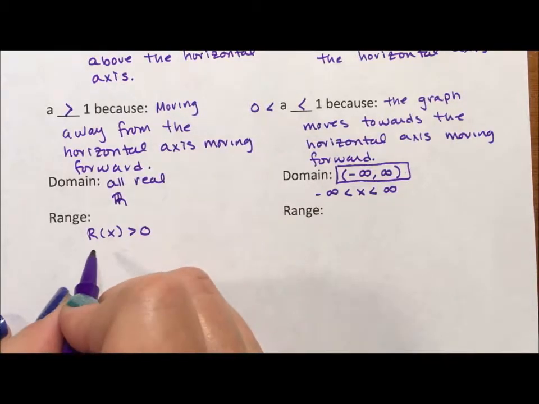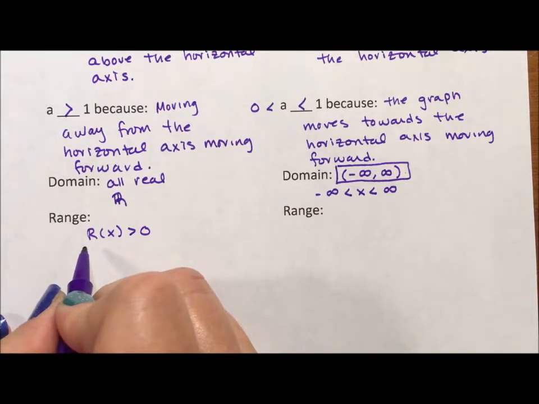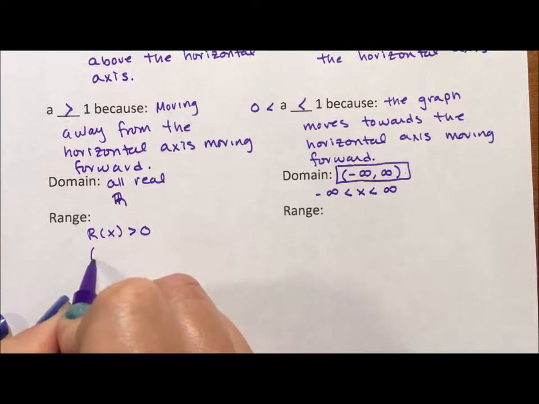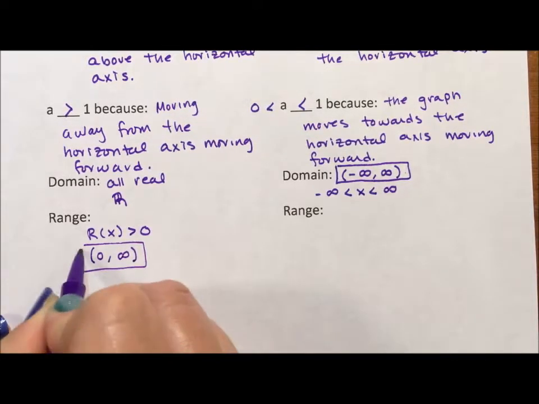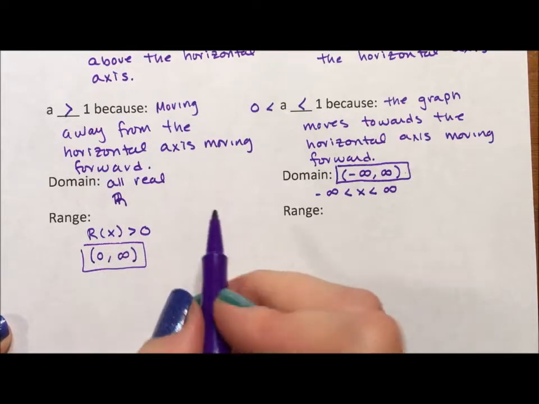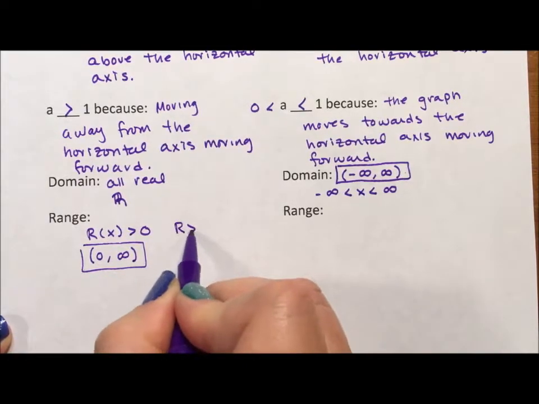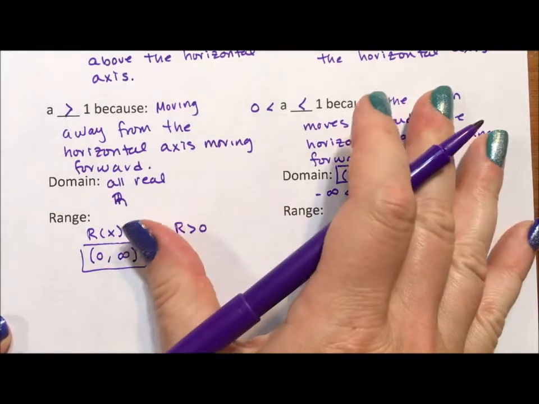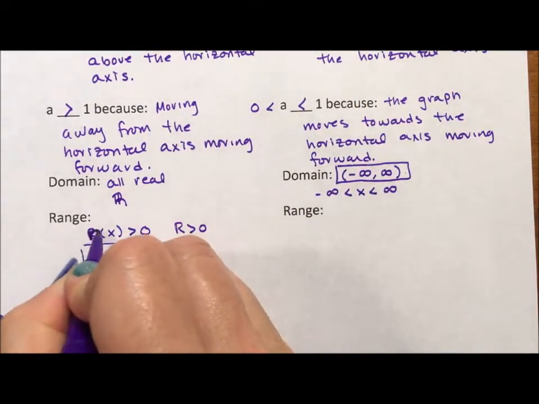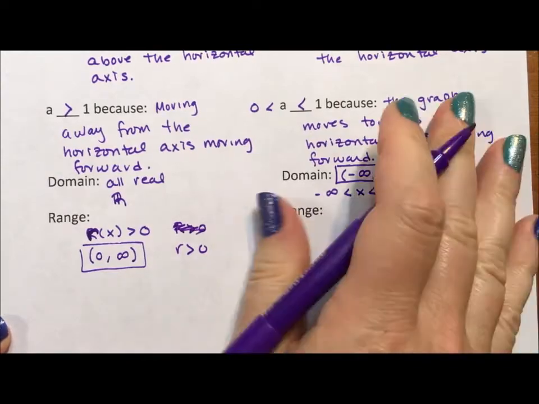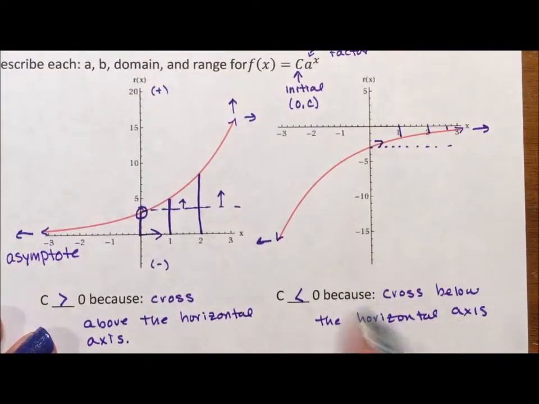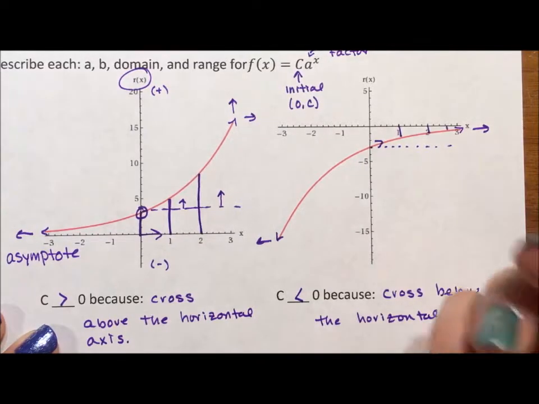I can say interval notation, where I have 0 to positive infinity. Again, this is the one I tend to use in my class, but I'm really allowing either of them. We also could say r is greater than 0. You don't need the function notation. Oh, it should be a lowercase r. r is greater than 0. We know this because it says right up here, r of x, so we're told our output variable.